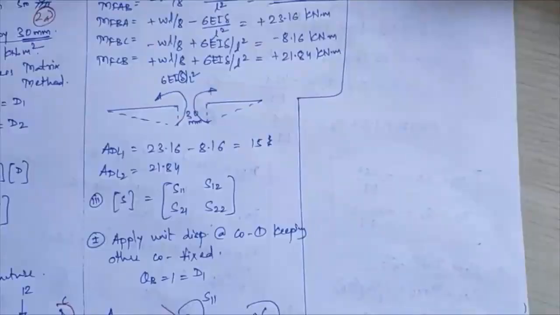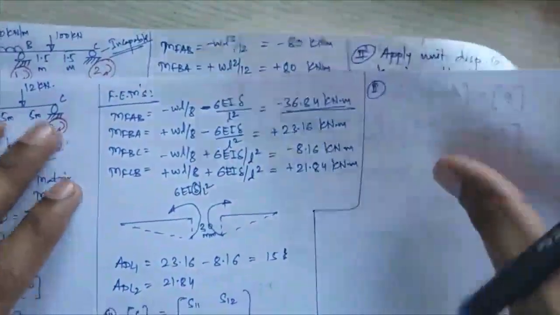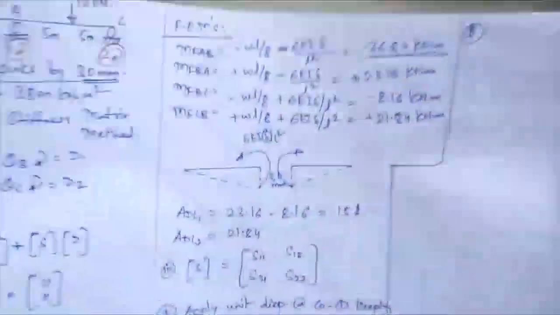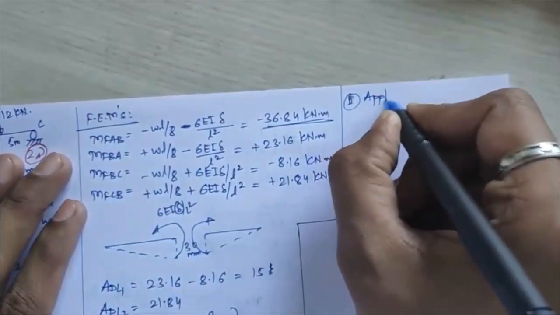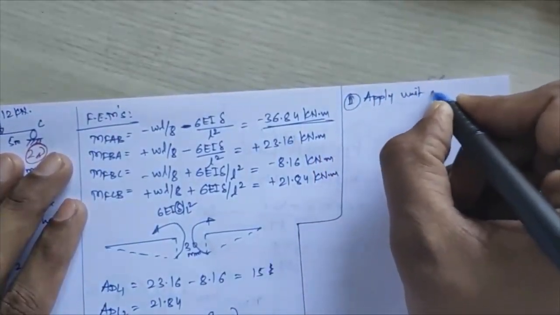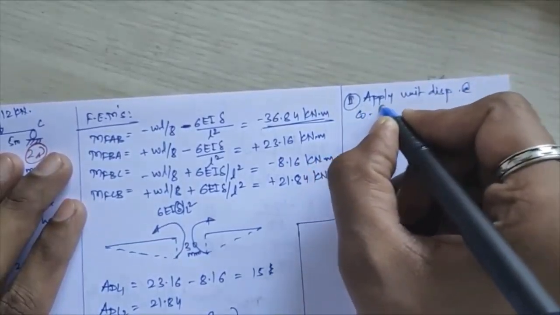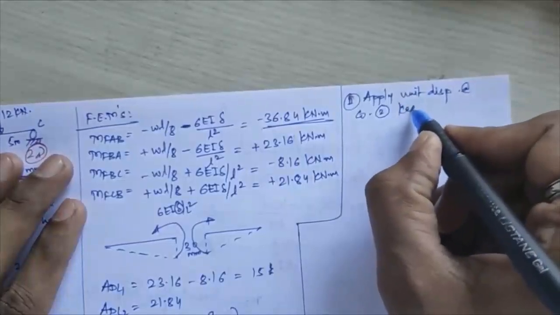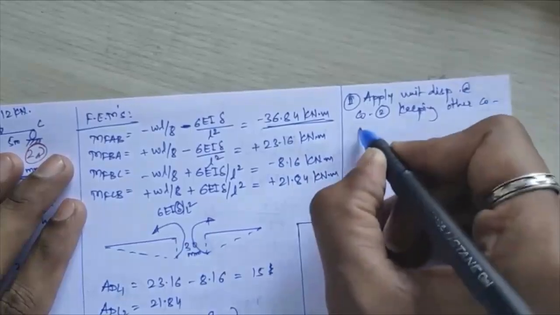Okay. Now we'll move to your second point, that is Roman 2 I will write here. Now I will apply unit displacement at coordinate 2 keeping other coordinates fixed.